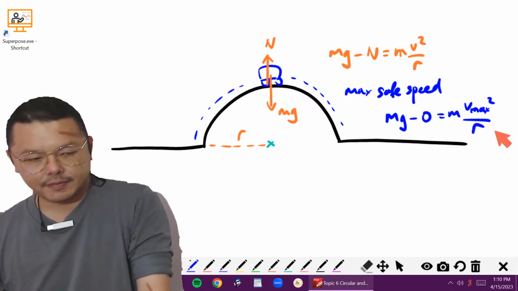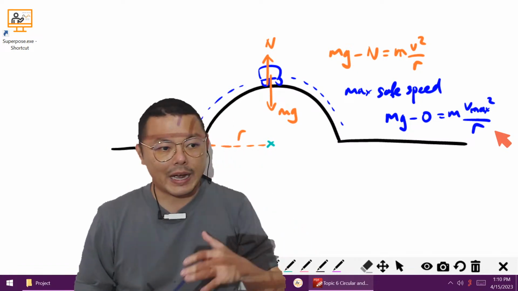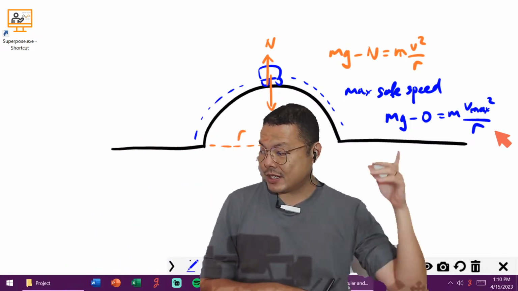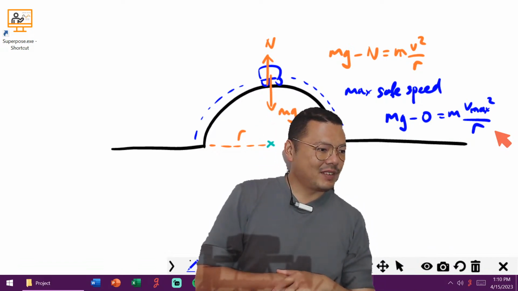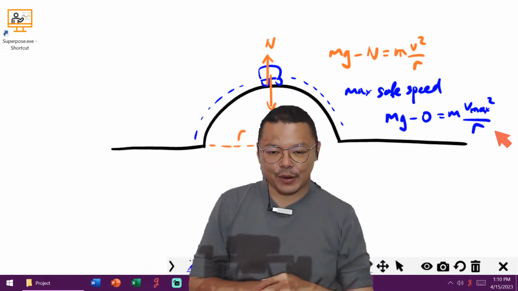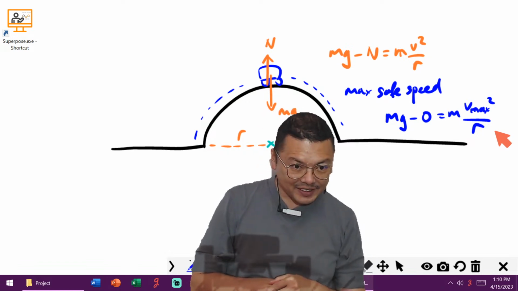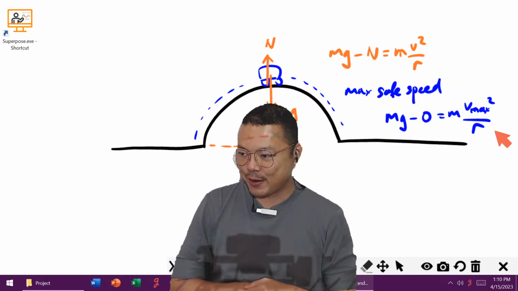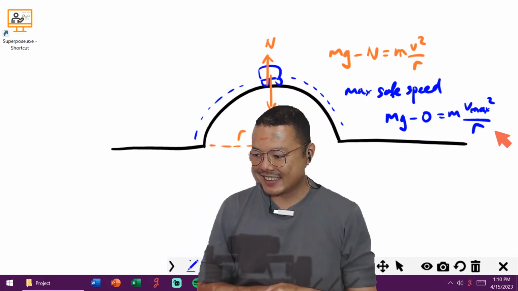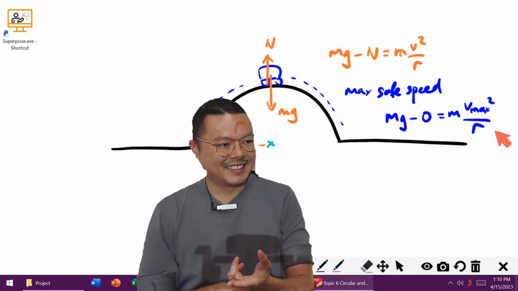Now, even though I say this, I have seen some teachers twist this question before, okay? They twisted it in such a way that they say this is a stunt race driver, and therefore they're trying to find what's the minimum speed required to fly off. It's the same thing, right?